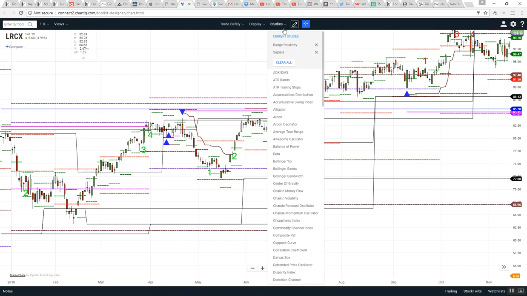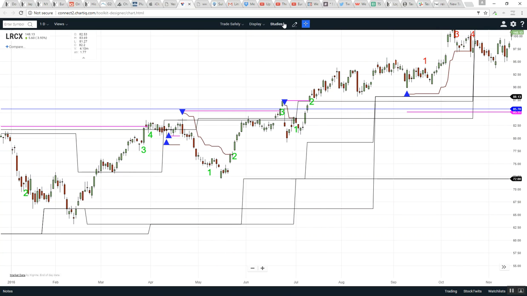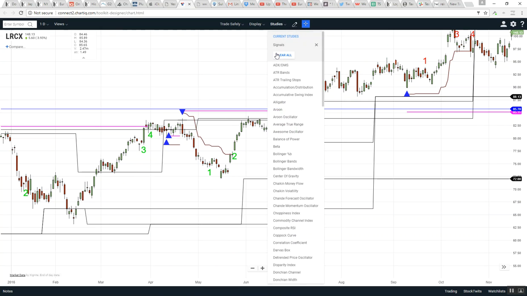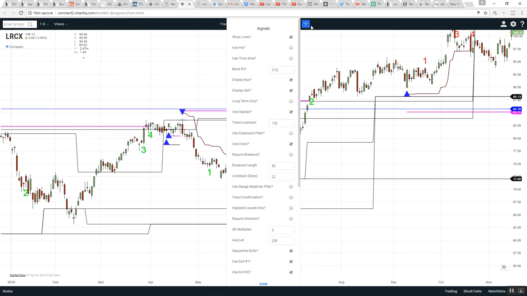So if I turn off range relativity and come back into the trading safely system itself, I want to turn off these lines. Now you'll see here there's an option to use the range relativity filter, and what that does is it filters signals that occur at buy and sell.